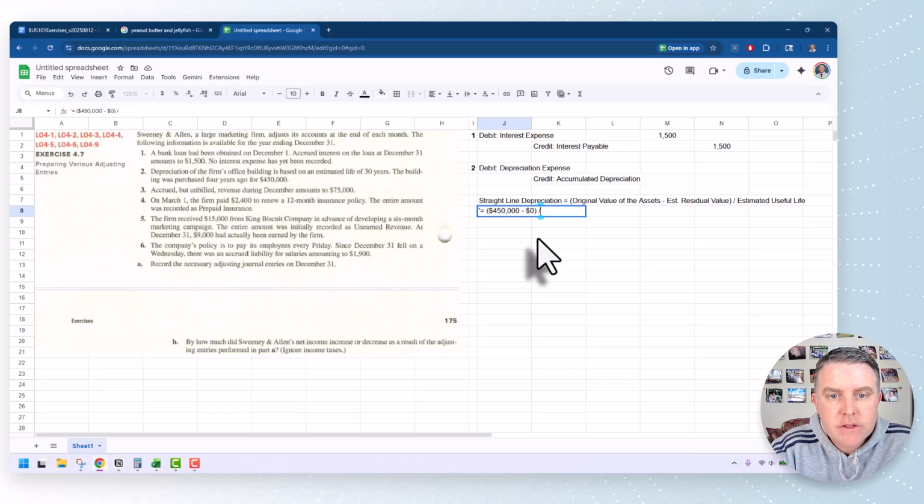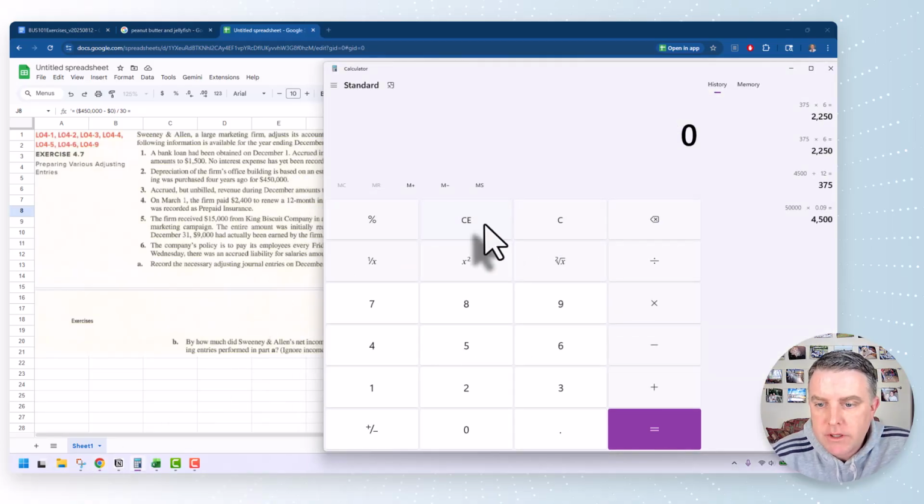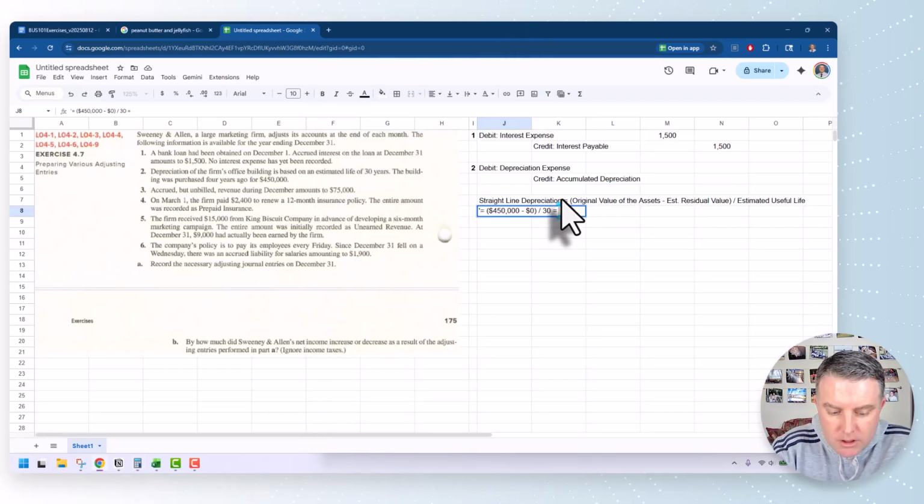And then the estimated useful life is 30 years. And so this will give us depreciation per year. And so let's calculate that. We're going to just grab our calculator here. We're going to say 450,000 divided by 30 years. That's $15,000 per year.